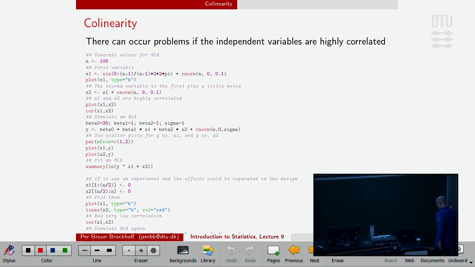We need to be worried about or think about the consequences of the situation where the different x's in our multiple linear regression model themselves are related to each other. That's what we mean by colinearity. That means that the different x's potentially themselves are related to each other. We saw that actually.